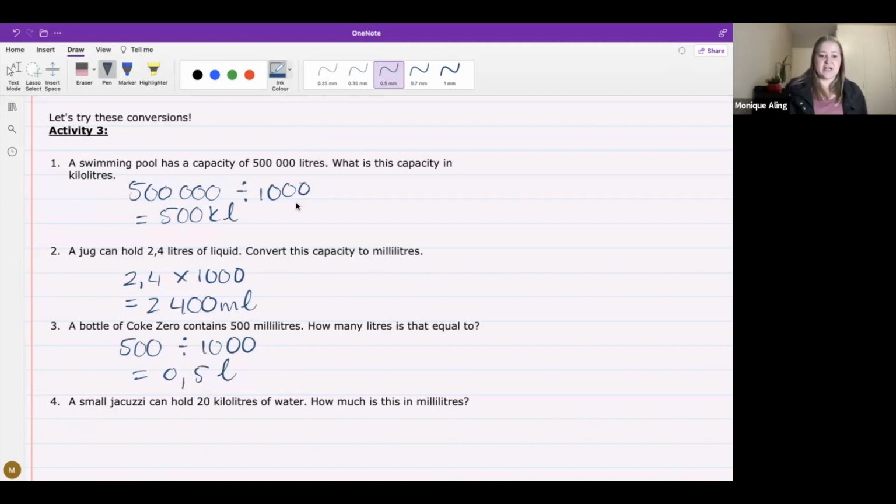And the last one: a small jacuzzi can hold 20 kiloliters of water. How much is this in milliliters? Oh, look at you guys, fantastic. I love the separators and the spaces between all those zeros.